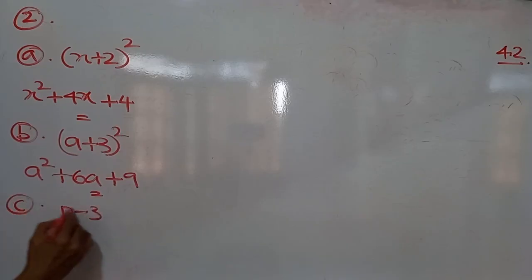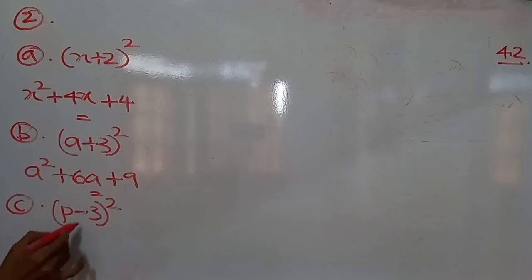P minus 3 whole thing square. So P squared, then multiply these two. So here we have P minus 3, right? So definitely when we expand this binomial expression, what do we get? A negative value, right? So this becomes what? Negative 6P.